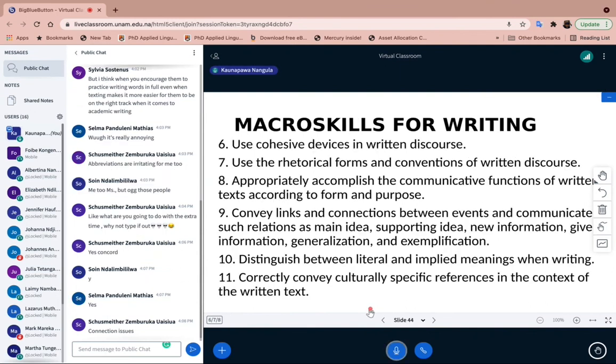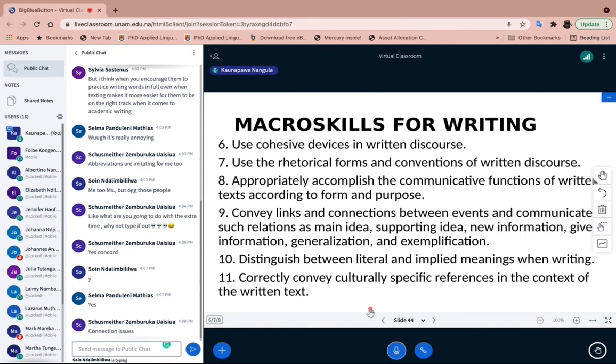Okay, we are moving on now to macro skills for writing. Remember that the micro skills are the low level, sentence-based type of writing. They focus on the alphabet, the words, the phrases, the sentences.